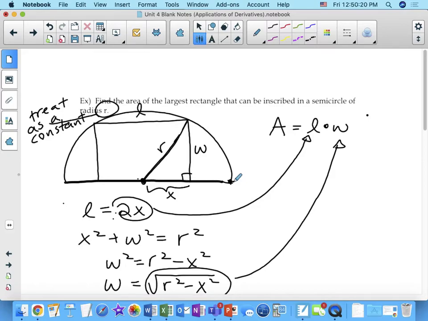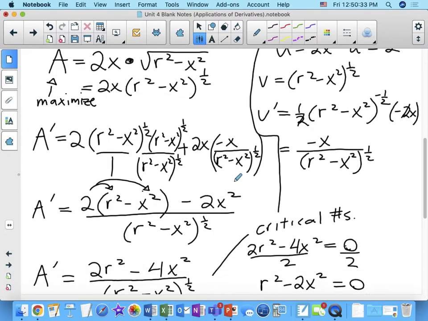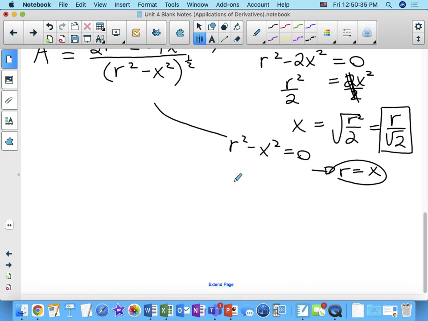Then what would the area be? 0. So that critical number actually corresponds to the minimum area, not the maximum area. So this will give you an area of 0, which is the minimum area.